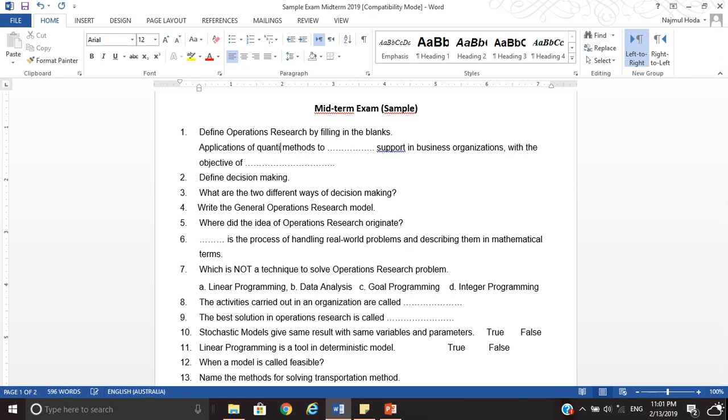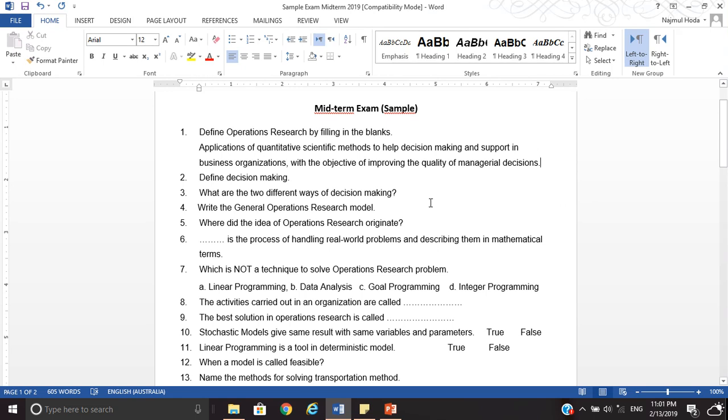So application of quantitative scientific methods to take decisions or to help decision making and support in business organizations with the objective of improving the quality of managerial decisions. So this is the answer which is already there.